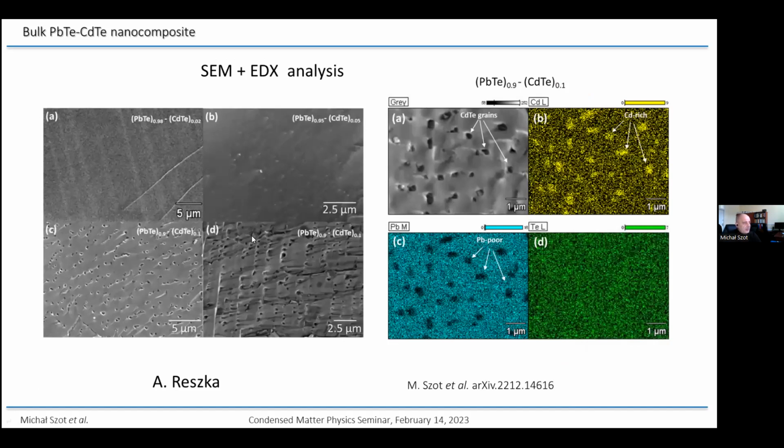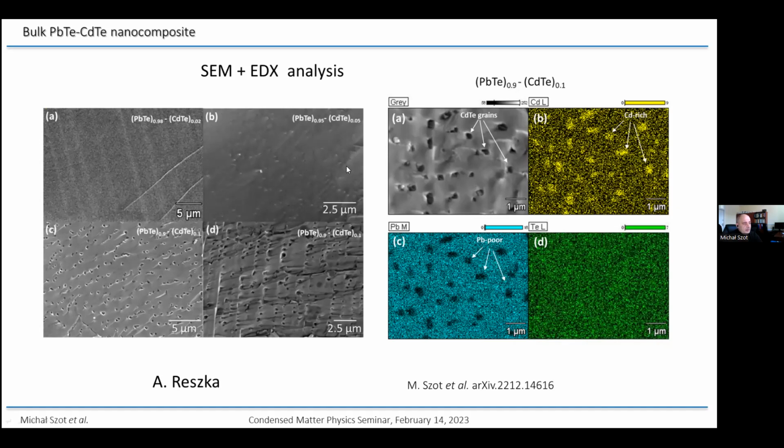Let's check whether these conclusions are proper. To check this, we use the SEM microscope, and we have found that for samples containing about 2% cadmium content, there is no visible precipitation, which matches very well the X-ray data.